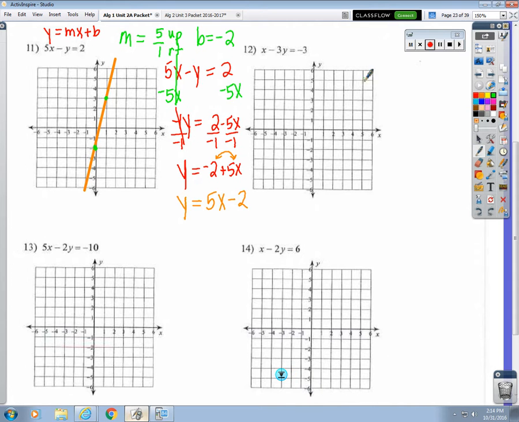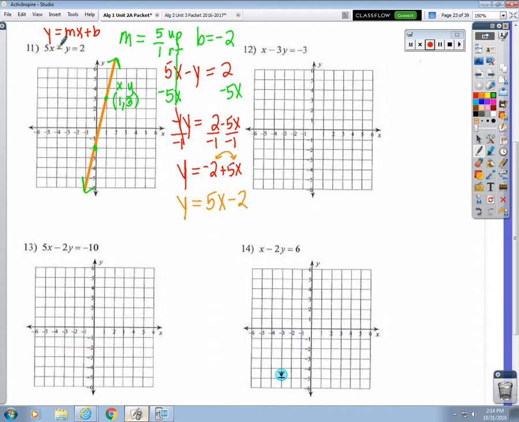Okay, now what we did not talk about Friday is that every single point on the line is a solution to the equation. So like if I pick a point on this line, like this one, 1, 3. Isn't 1 an x value and 3 is a y value?